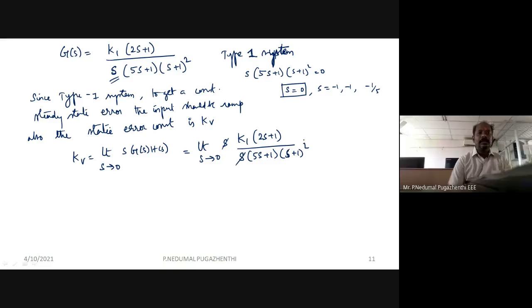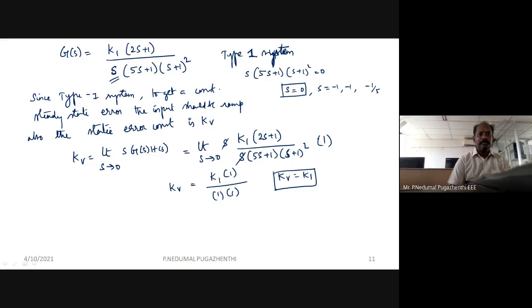This s and this s get cancelled, and H(s) is 1, so that is not an issue. If you substitute s tends to 0, all these terms become 0, and in the numerator you have K1 into 1 divided by 1 into 1, which is kV. So simply kV is equal to K1.